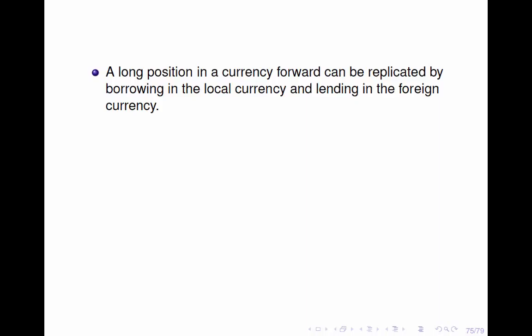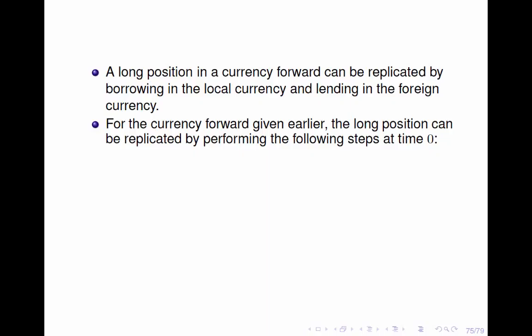Here's a remark. A long position in a currency forward can be replicated by borrowing in the local currency and lending in the foreign currency. For the example given earlier, the long position can be replicated by performing the following steps at time 0. First, borrow Singapore dollars at the interest rate RS.